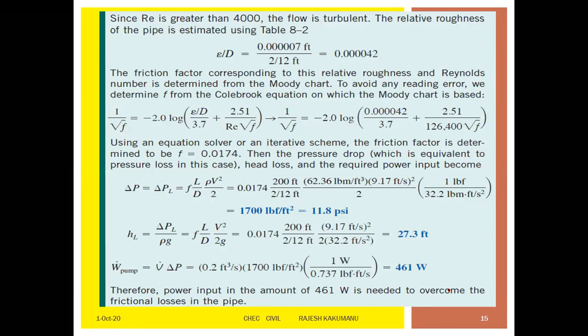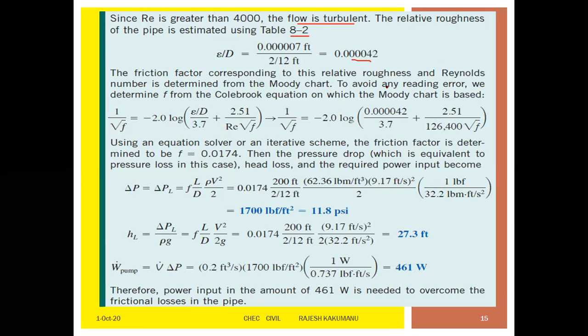Then Re is greater than 4,000. The flow is turbulent. So automatically the flow is turbulent. The relative roughness of the pipe is estimated according to the table. According to the table, e by D is equal to 0.442. Right. Now the friction factor according to the Moody's chart, 1 by root f according to the Colebrook equation.